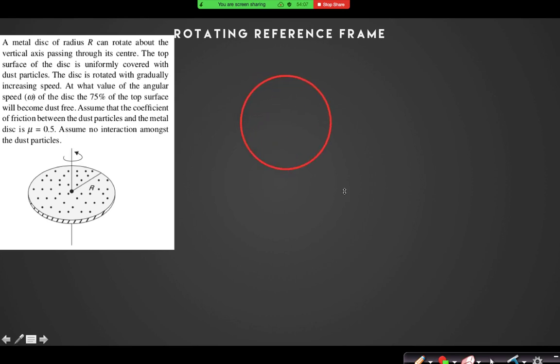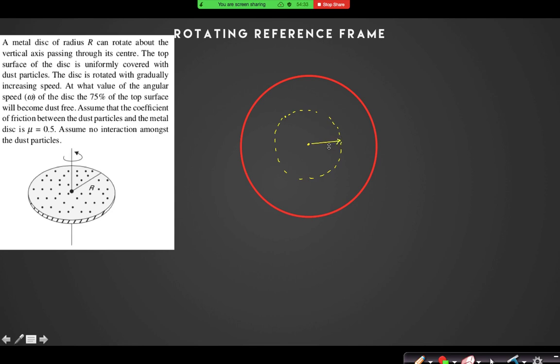If this is the disk, then you can understand that if 75% of the dust particles will move away from the corner, then only 25% of the dust particles will remain close to the center. Yes or no? Only 25% of the particles will remain.